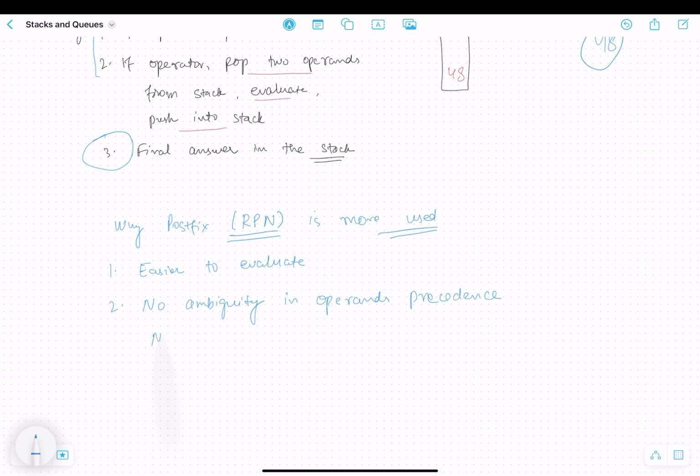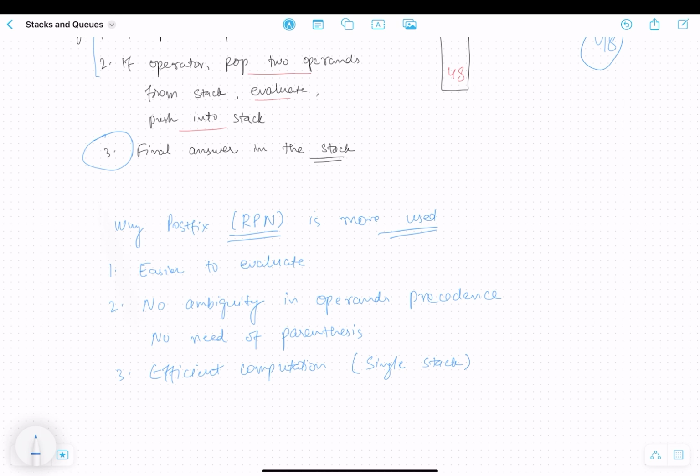That means no need of parentheses, because those are needed to remove the ambiguity for the BODMAS rule. Easy to evaluate, no need of parentheses, and that is why we can say efficient computation, because we are only using a single stack.